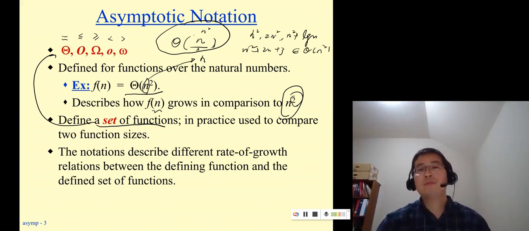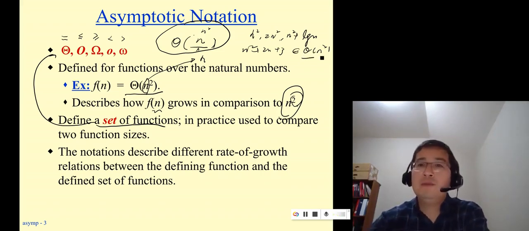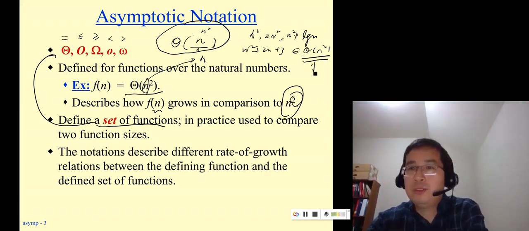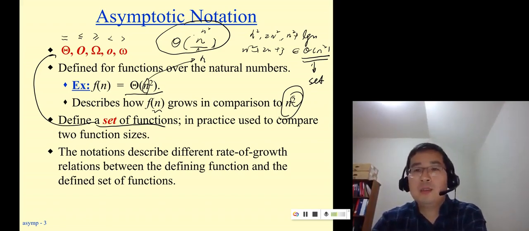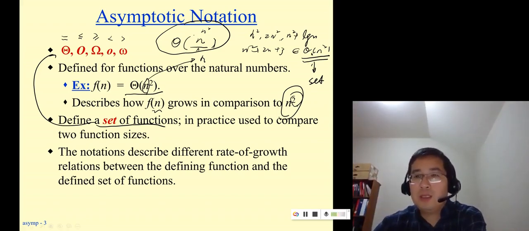That means this defines a group. This is a set instead of one function. We have this complexity function, and this is an asymptotic notation. We define a set of functions, and all of these exact complexity functions belong to this set.